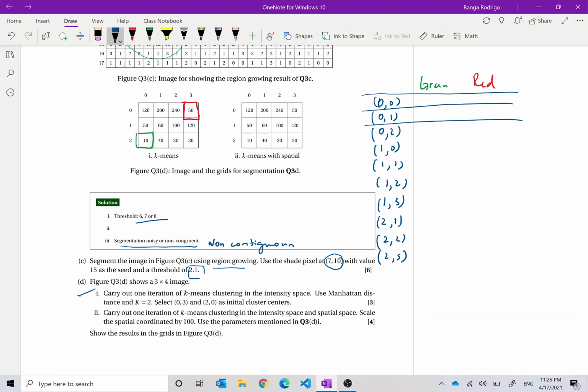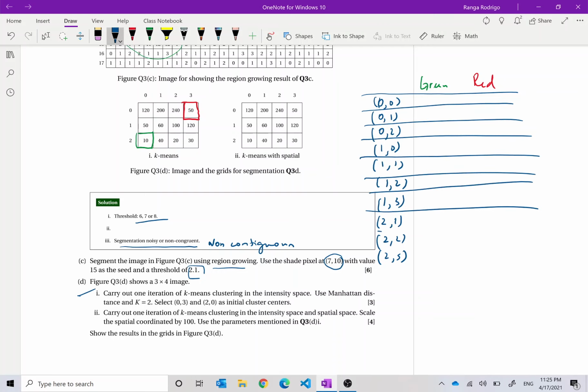So for that I need to write the distance. Manhattan distance is just subtract the individual coordinates and write. So for example, let's consider the green one, 120. For this pixel, 10 minus 120, this is 110.